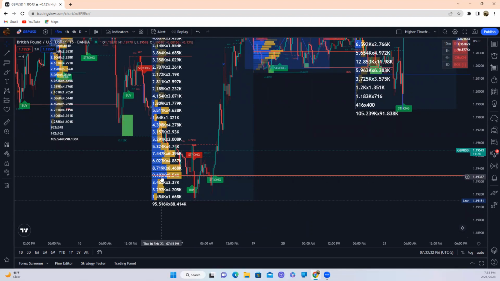We've got 9.1K buy volume versus 8.5K sell volume. So that wasn't necessarily what I was looking for. What I was looking for was the price point at which there was more selling activity than buying activity, but the market was able to push up.